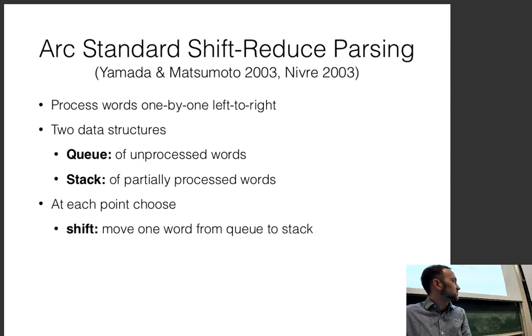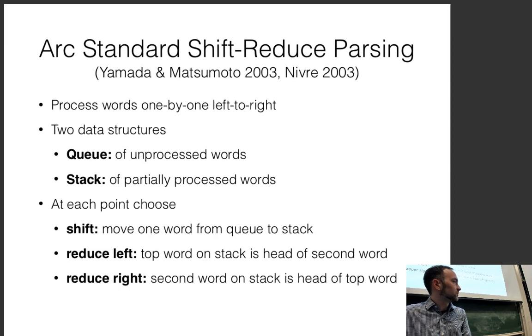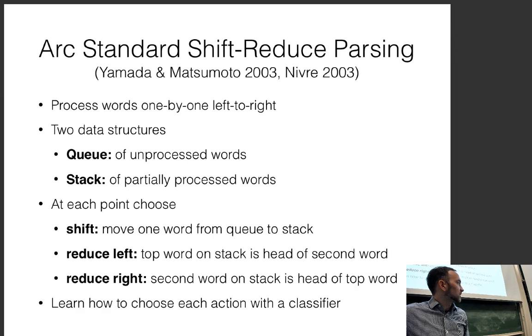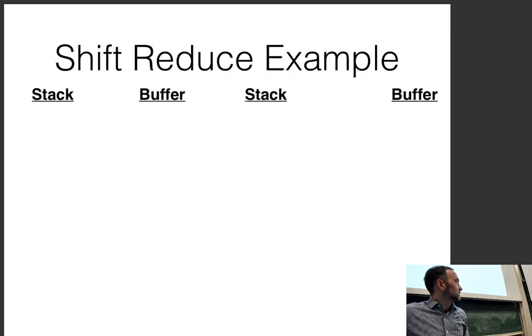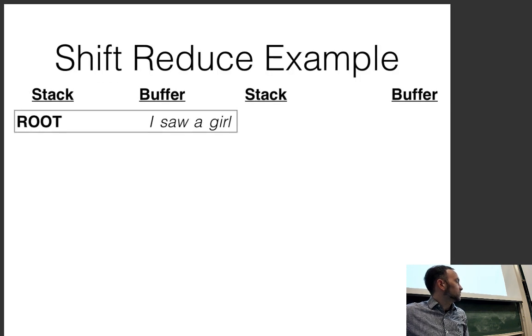And at each point, we choose to shift, reduce left, or reduce right. So this was called arc left or arc right in the reading, but it's also often called reduce left or reduce right. And then we learn how to choose each action with a classifier. So as an example, we have the root on the stack and in the buffer.